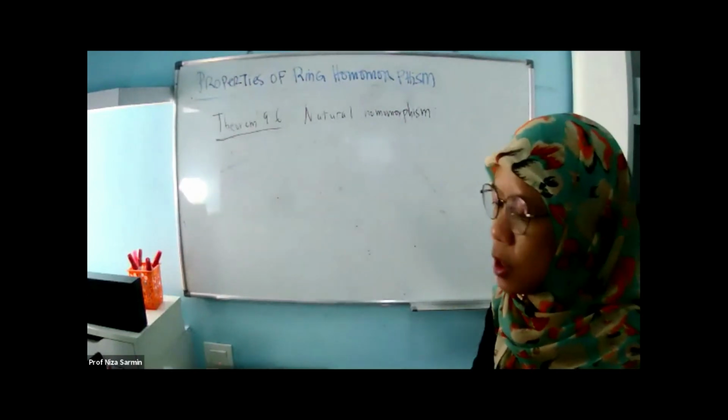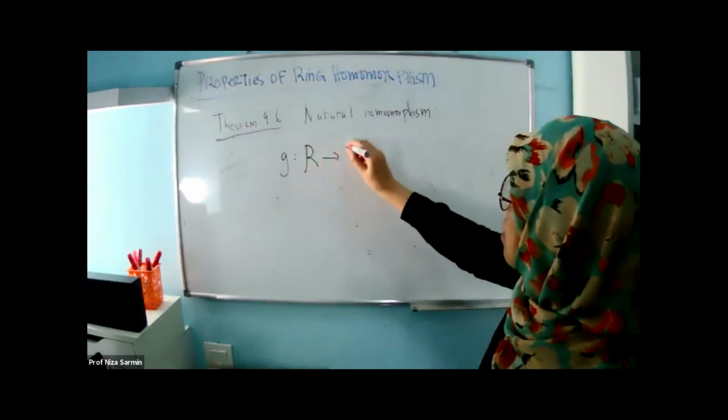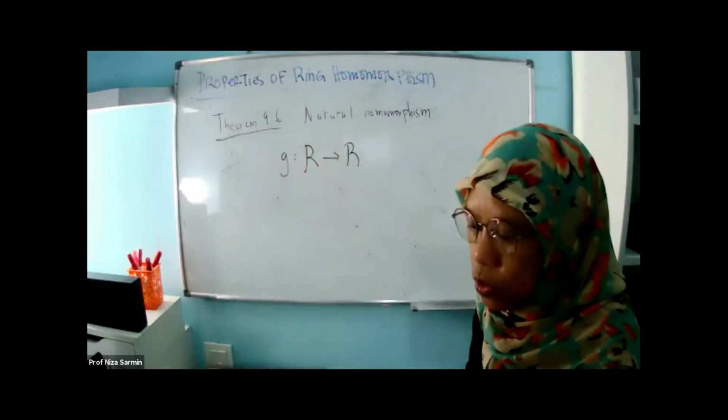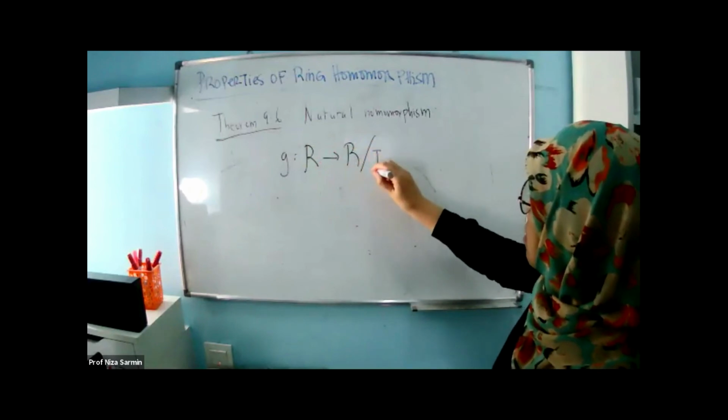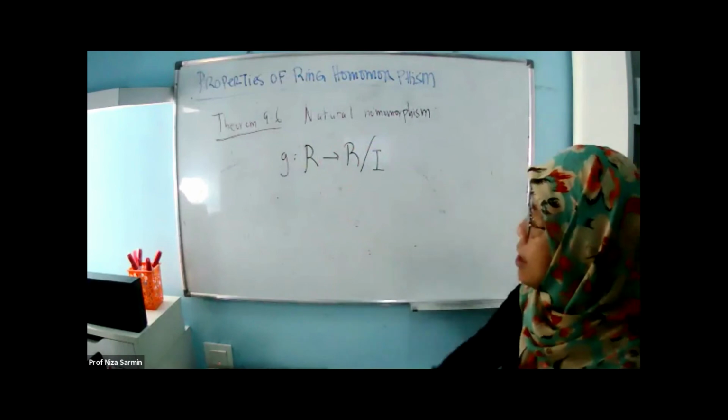You have a mapping G from R to this factor ring. R is a ring, I is the ideal.